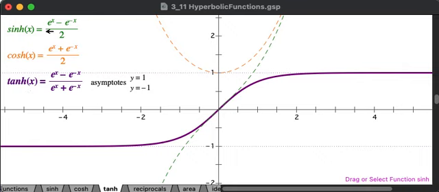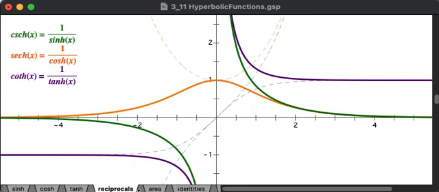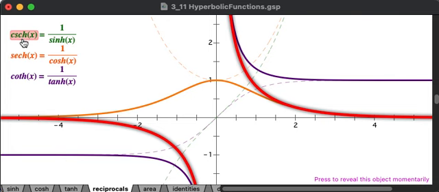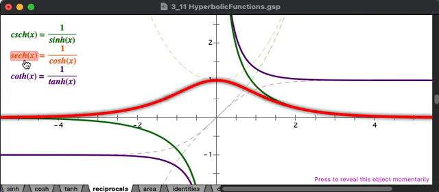So I can define hyperbolic tangent, secant, cosecant, and cotangent in terms of sine and cosine, similar to how we relate all of the other trig functions to the regular trig sine and cosine. So we have the hyperbolic cosecant. The hyperbolic secant is 1 over hyperbolic cosine.